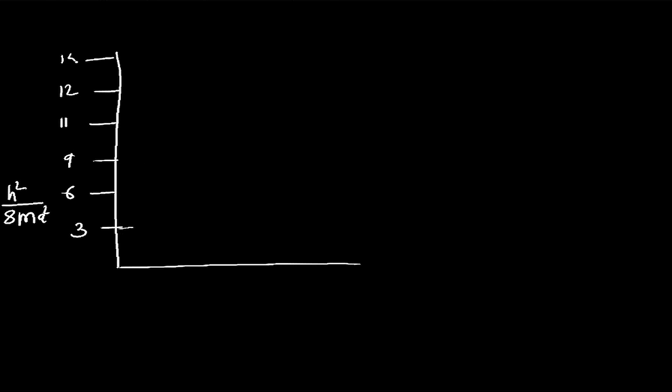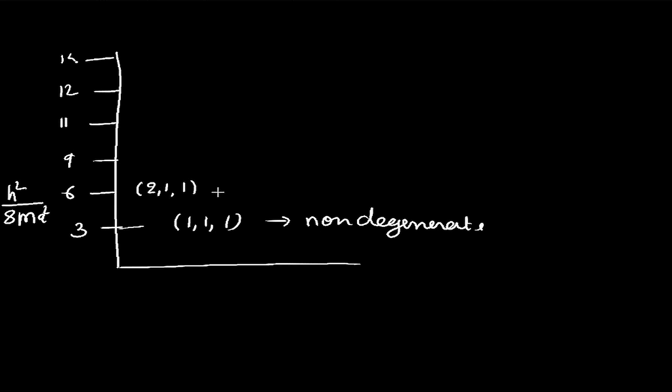So for 3 we have only one possible combination, that is 111. So this state will be referred to as non-degenerate. Similarly, for the second energy level, we have three possible combinations, that is 211, 121, and 112.